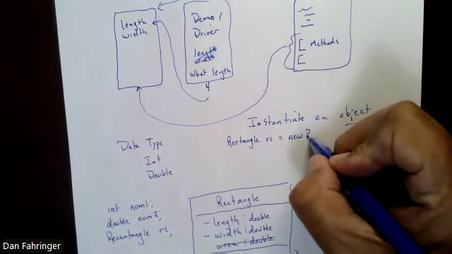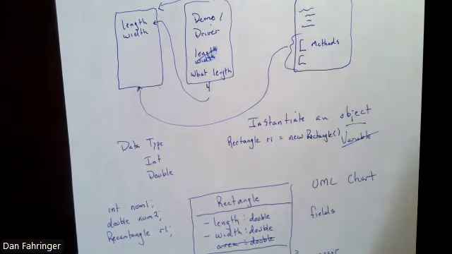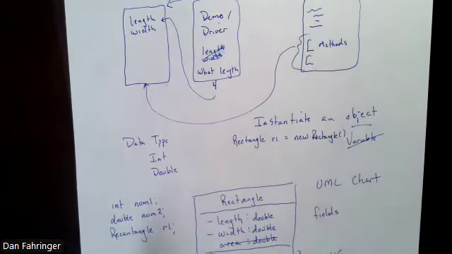You've seen this layout a couple of times already, because you're creating a new instance of the object. We are instantiating an object. We are calling it R1.